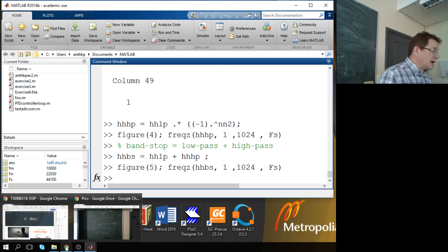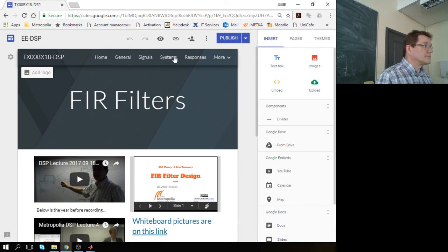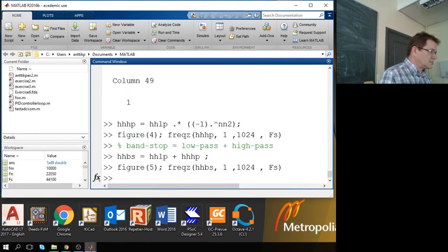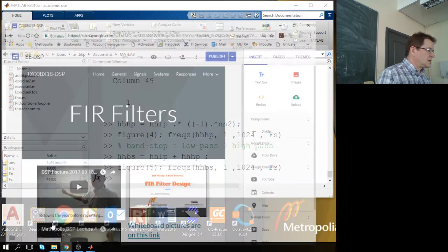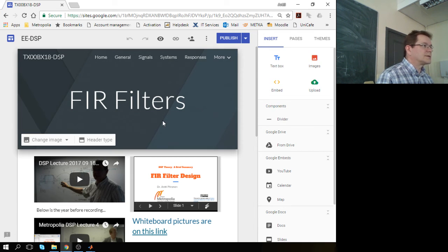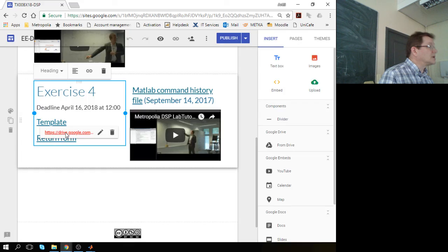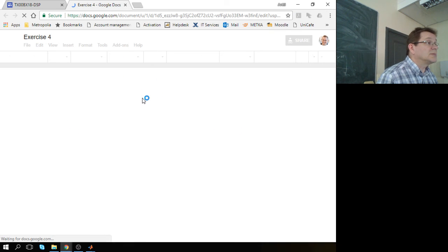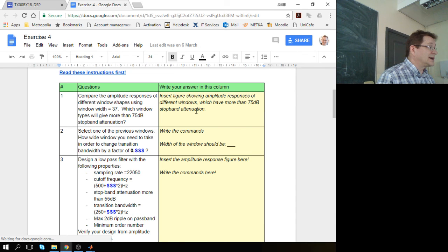Let me take a quick look at the exercise. Not that one. Wait a minute, it was that one. Okay, FIR filters there, and then we have the exercise template right here, just to make sure what you should be doing today, or well, at least until the next Monday.